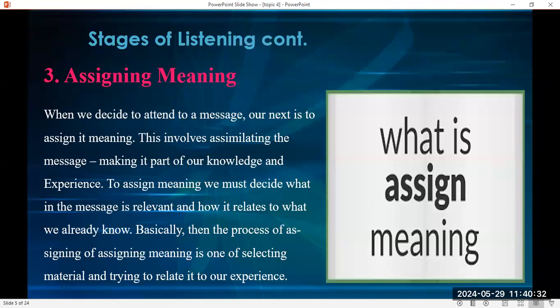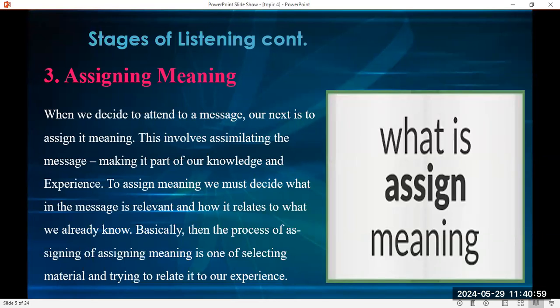You can assign a meaning to what I am teaching you by relating it to what you know. Maybe I'm talking to a friend, to someone who does that regularly. So you can assign a meaning based on what you already know, what you already do, what you have experienced before.